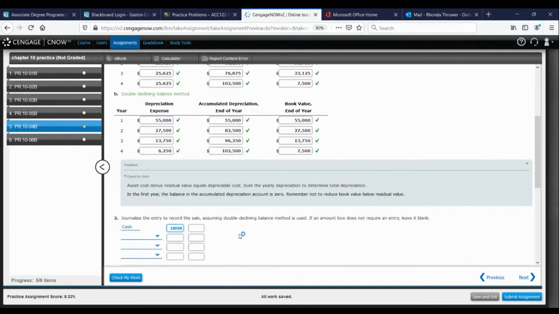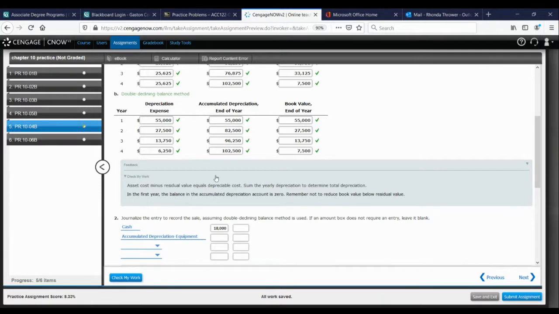The next debit that we would record in this journal entry is a debit to the accumulated depreciation. When we debit accumulated depreciation on the equipment, we're reducing the contra asset account and we're taking it off of our books.